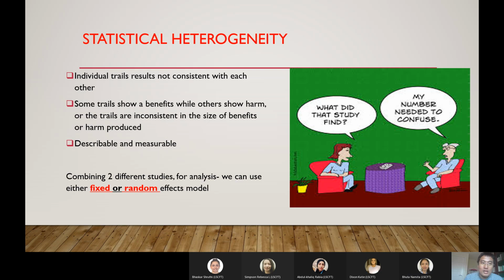No. So in that case, it causes statistical heterogeneity. Statistical is with numbers. In order to address that, we need to use a fixed or random effect model. We don't use analysis models in clinical and methodological heterogeneity, but we use fixed and random in statistical heterogeneity. Is it clear?